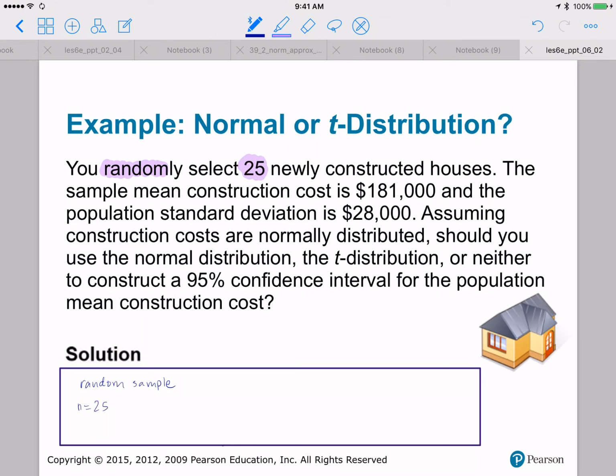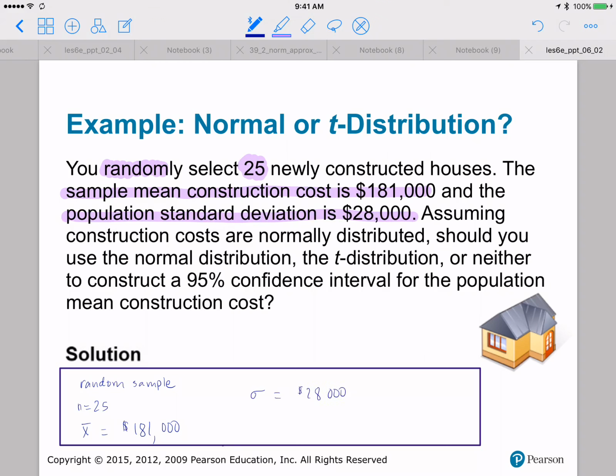The sample mean construction cost. Watch this. Sample mean, which means average, cost is 181,000. So that means X bar is equal to 181,123. And the population standard deviation is 28,000. This means sigma is 28,000.